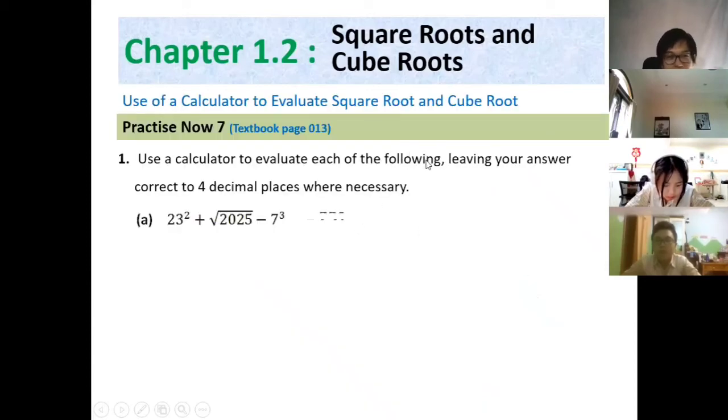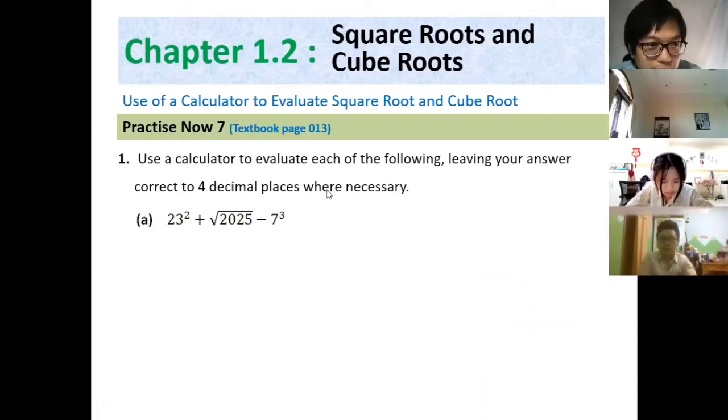Oke, use your calculator. Oke, tinggal masukin calculator aja, yuk coba masukin deh. Jadi, I mau share screen dulu bentar. Ini ya. Wait, give me a while. Ini keren sih.